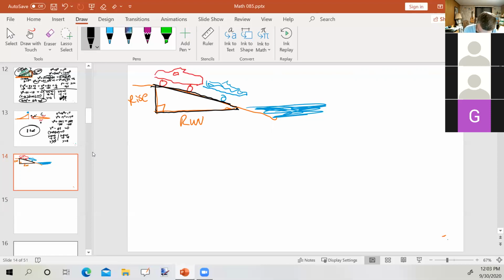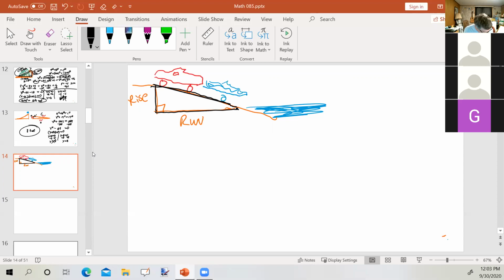All right. So we've got this. It says the inclined ramp of the boat launch shown in the next column, which is here, is 8 meters longer than the rise of the ramp. The run is 7 meters longer than the rise. How long are the 3 sides of the ramp?